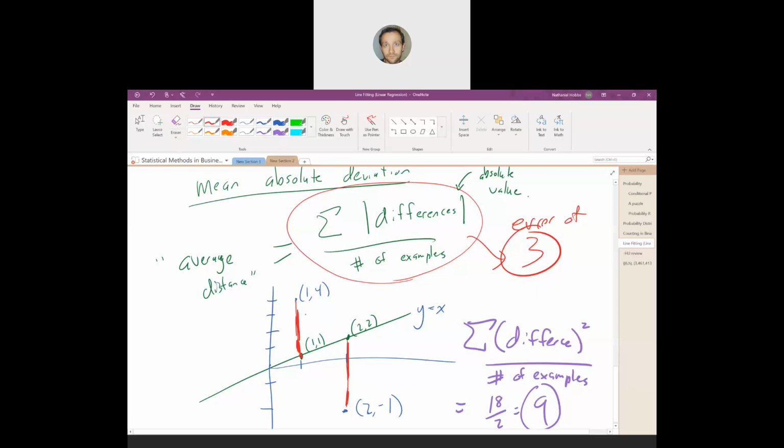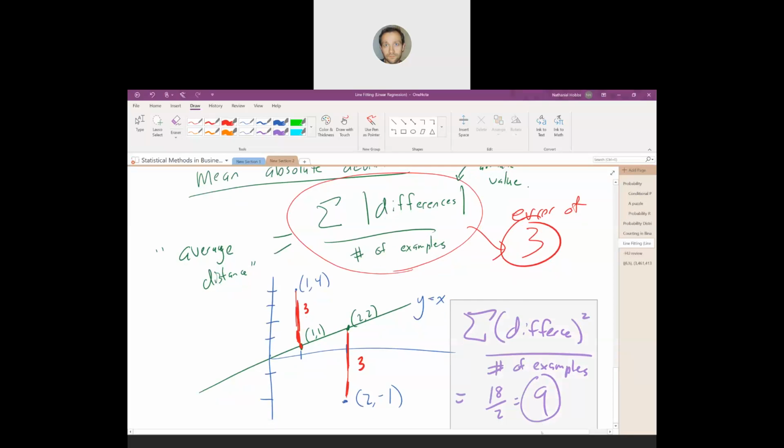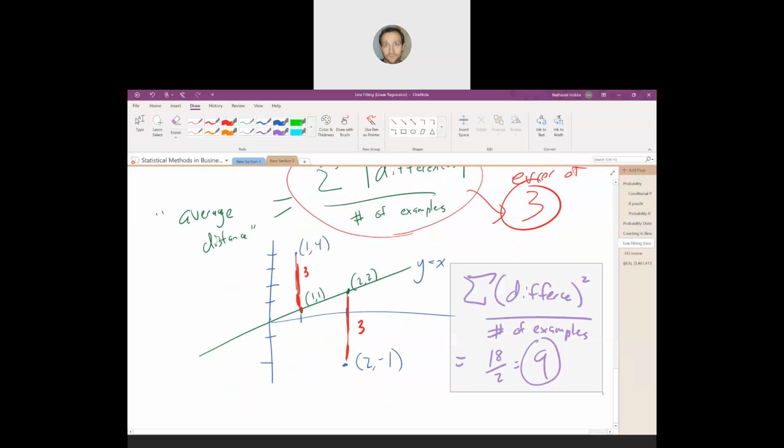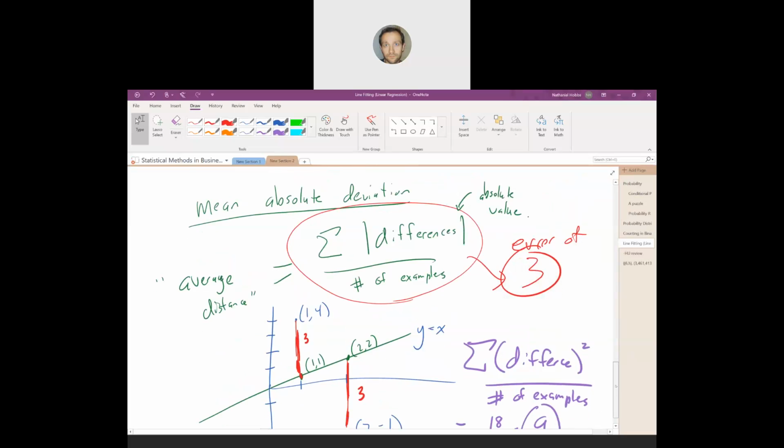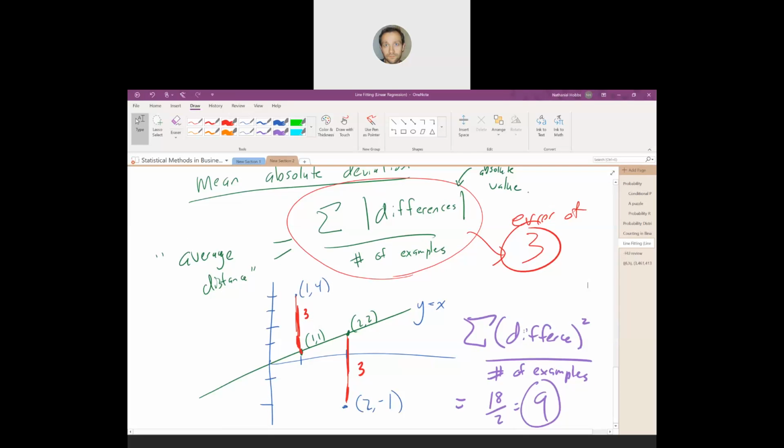Now the points get further away. That's at a distance 3. That's at a distance 3. In this purple, you go from 1 up to 9. In this green-red one, you go from 1 up to 3. So the further away points get, they're penalized even more here.